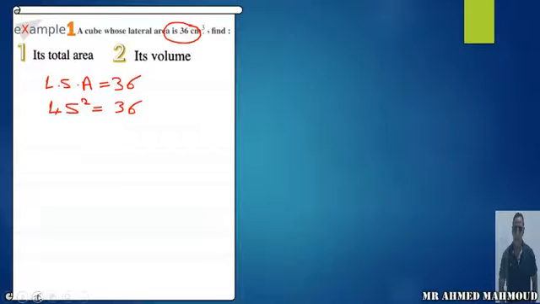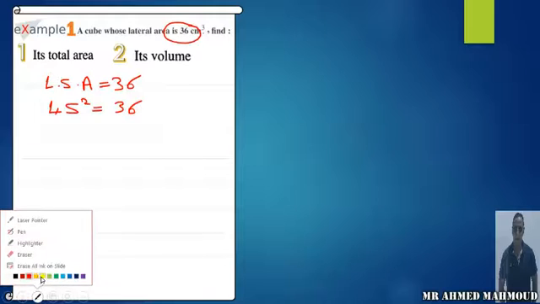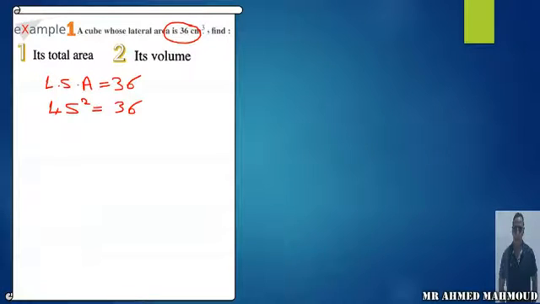Now we are going to send 4 to the other side by dividing by 4. Then s power of 2 equals 36 divided by 4, equals 9.